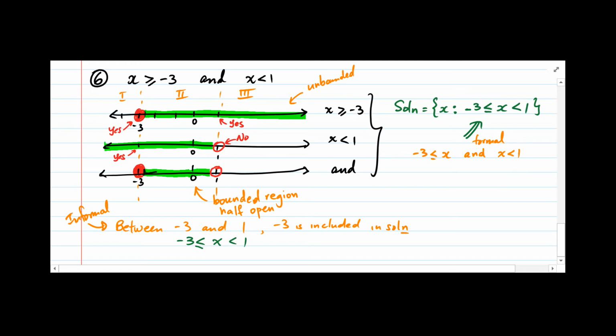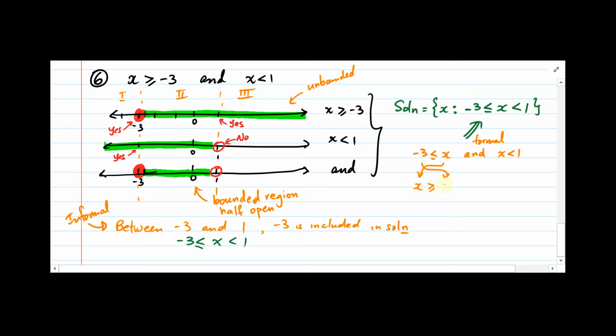Now recall that I told you whenever we're dealing with inequalities, we don't like to put this, in English we call it the passive way. -3 is less than or equal to x. We'd rather have what we call an active voice and describe what is going on with x. So in order to do that, I'm going to use my exchange of left and right hand sides as I had done earlier.